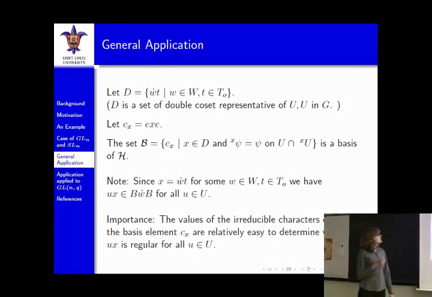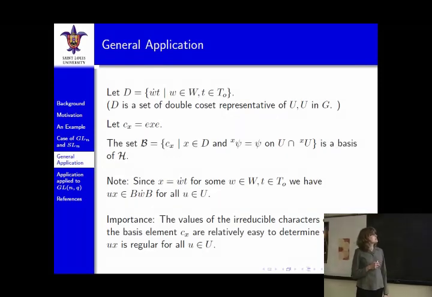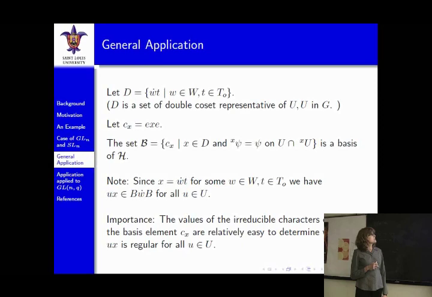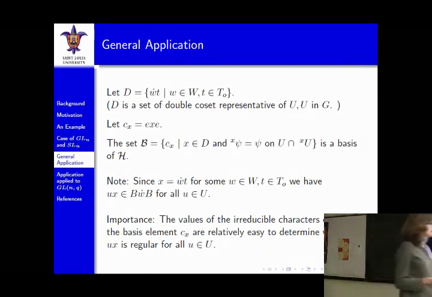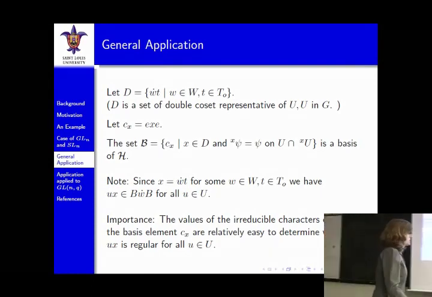Now let D be the set of all wt, as w ranges over the Weyl group and t ranges over T naught. D is the set of double coset representatives of U in G, and that just follows from the Bruhat decomposition.